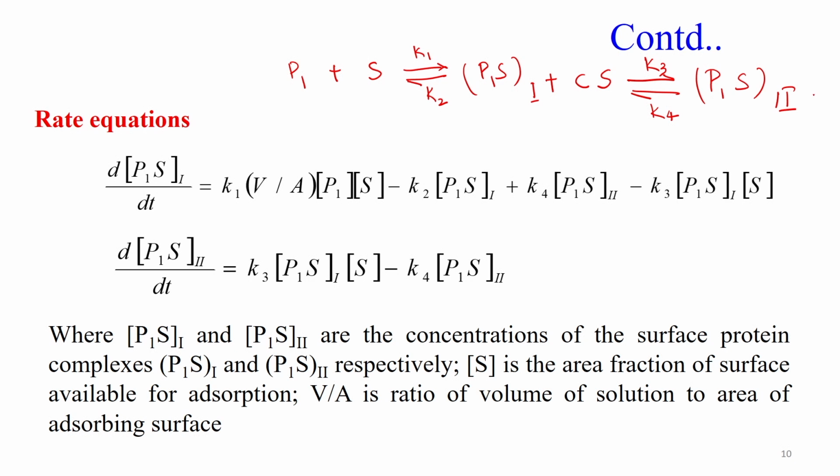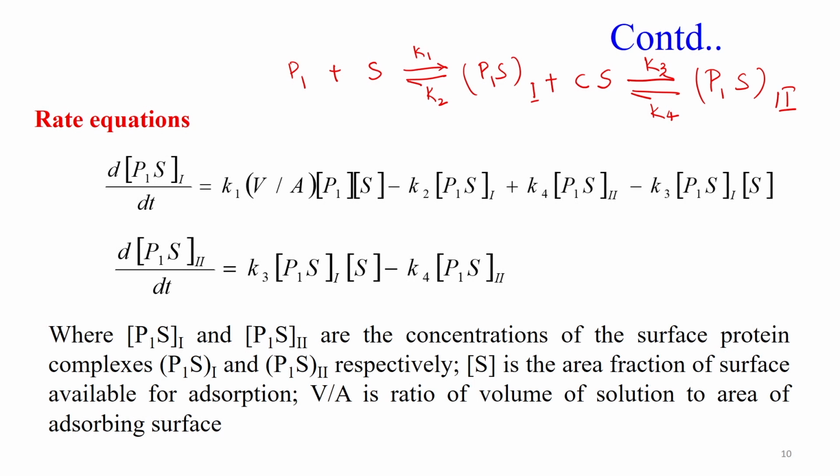Now, similarly, we can write for the P1S2, dP1S2 upon dt, including this, it will be K3 P1S1 into S minus K4 P1S2. So, these are the two rate equations.